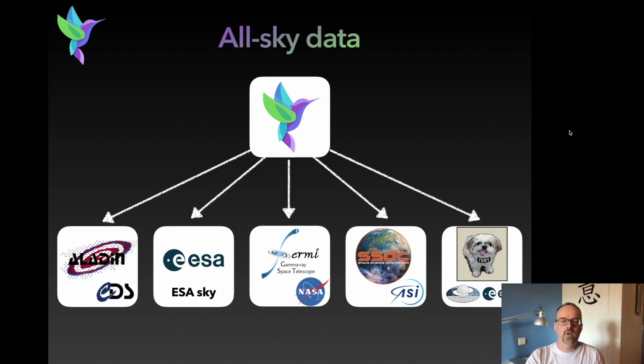We also provide a direct link to the Fermi-LAT All-sky Variability Analysis, called FAVA, and a link to the SED Builder from the Space Science Data Center. We also provide a link to TOBE, which is the European Space Agency reference implementation of the IVOA access to the schedule of the main spaceborne observatories.